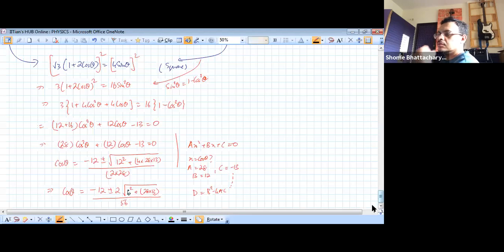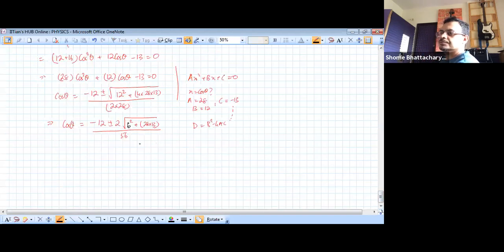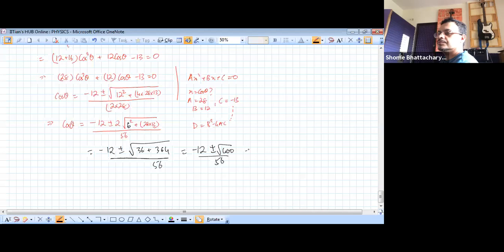Okay, so anyway, when you do this calculation, this will come out to be minus 12 plus minus square root of 36 plus 364. We take a positive root. So 8 by 56.